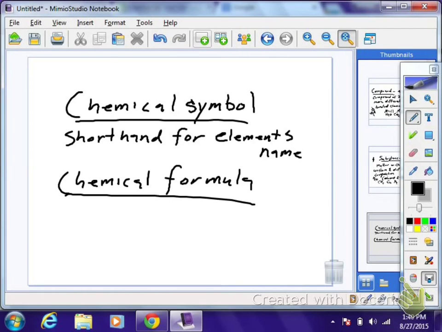And the reason they have to do that, and you guys will have to do some of that, is so you don't have to look at the periodic table all the time when you want to do a problem, because we'll be using a lot of these elements. Okay? Alright, and the chemical formula contains element symbols with subscript numbers.